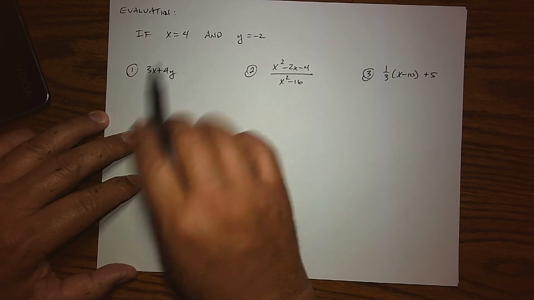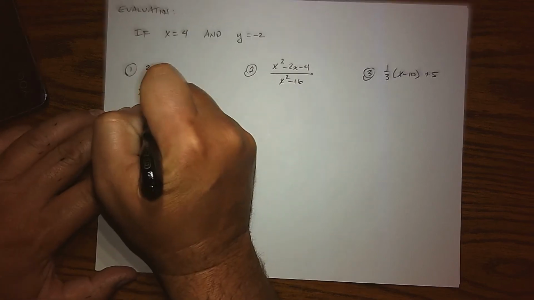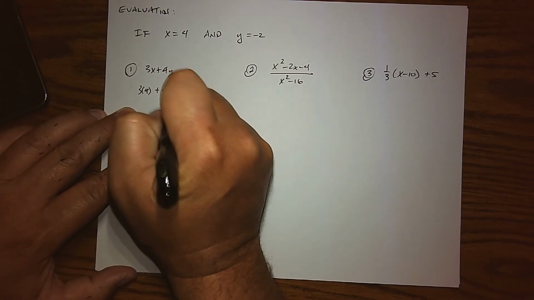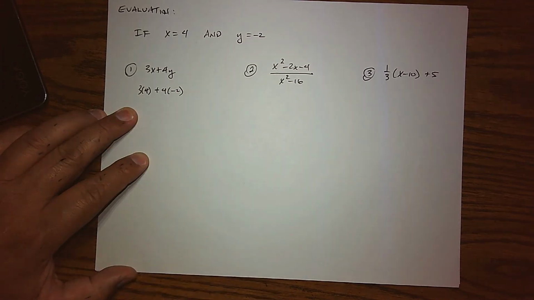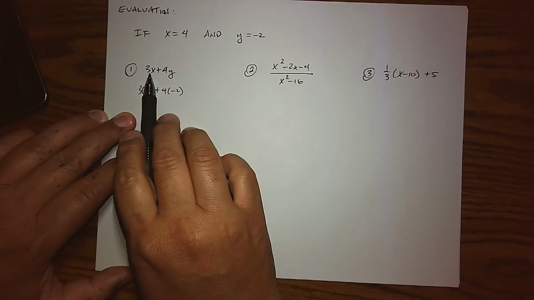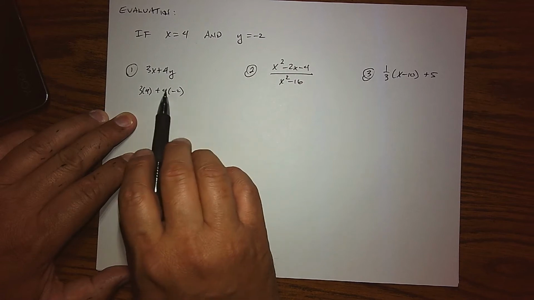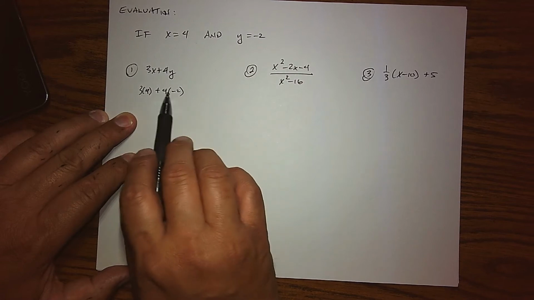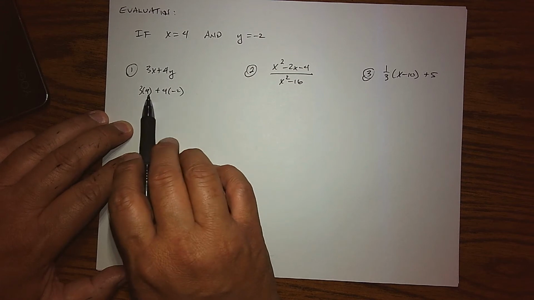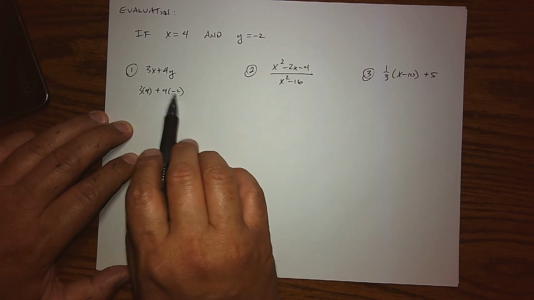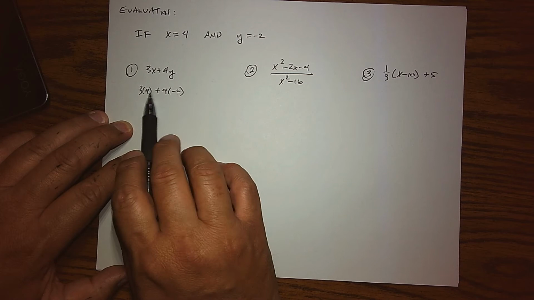So when I substitute, it's always a good practice to use some parentheses to indicate your substitution. That way, we were multiplying whatever x is by 3, and we're multiplying whatever y is by 4. So I haven't lost those multiplications. PEMDAS, we're looking at parentheses, but there's nothing going on inside. There's no exponents.